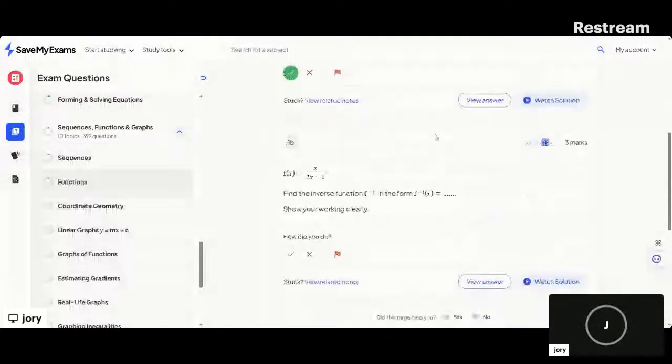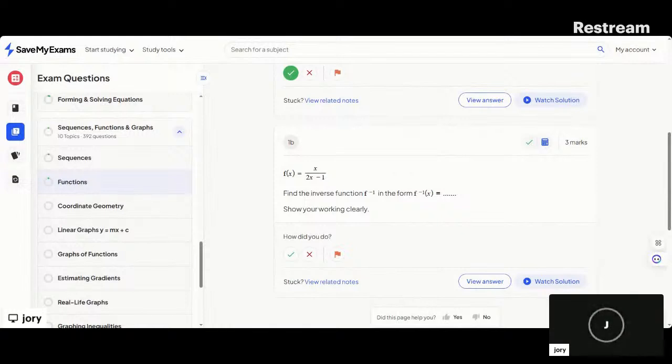Find the inverse function. I hate inverse functions. They are so hard. Hold on. Okay. So it's gonna be x equals y over 2y minus 1. And make y on its own. It's gonna be 2yx minus x equals y.